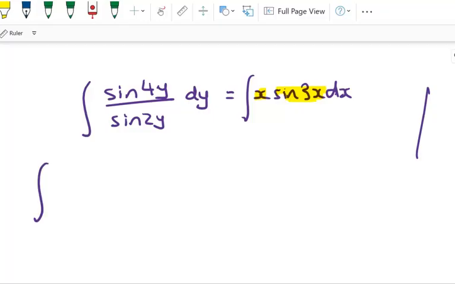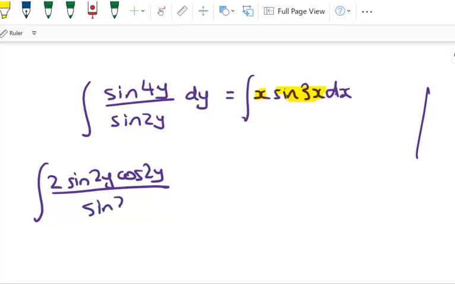So I'm going to rewrite the left-hand side as 2 sine 2y cos of 2y over sine of 2y dy is equal to the right-hand side. So I'm going to start out on the integration by parts here. The x will be what we leave in the first part and then differentiate in the second part, and the sine of 3x will be the thing that we integrate both times.